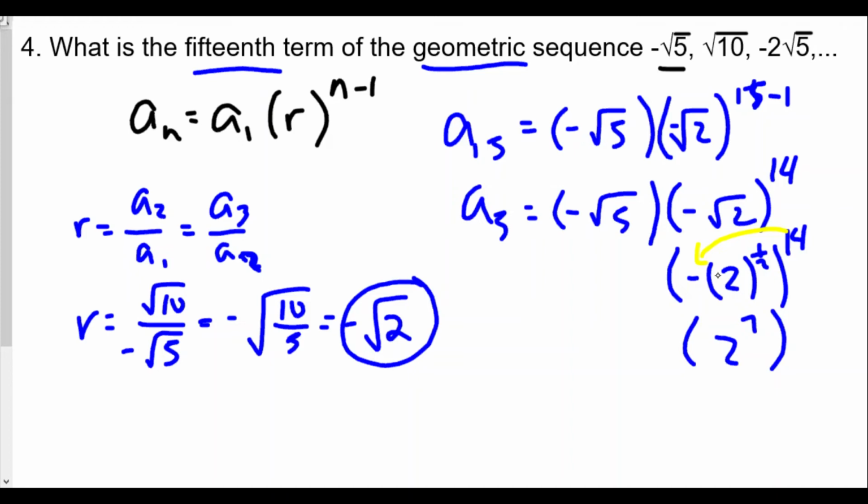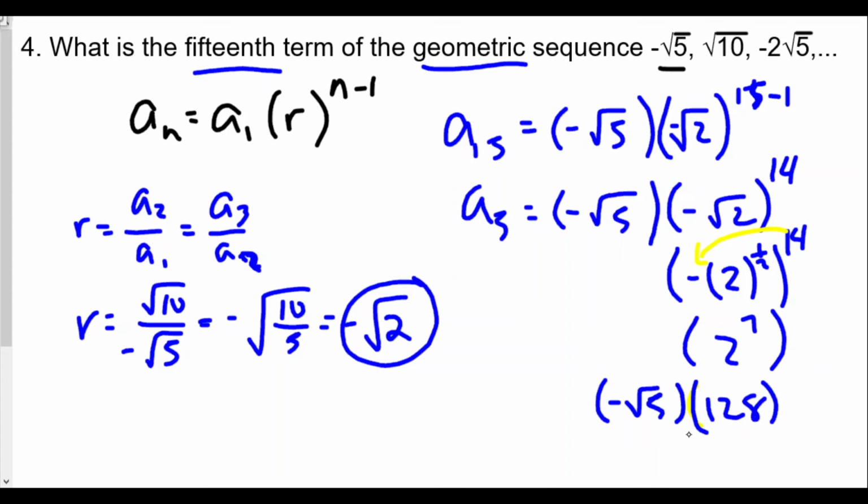So 2 to the 7th power: 2 times 2 is 4, times 2 is 8, times 2 is 16, times 2 is 32, times 2 is 64, times 2 is 128. So now we have 128 times negative square root of 5.